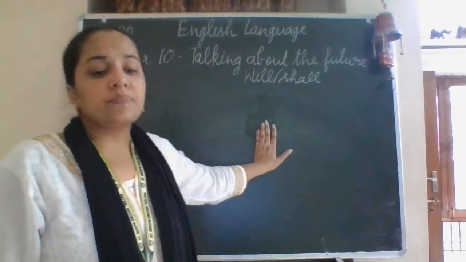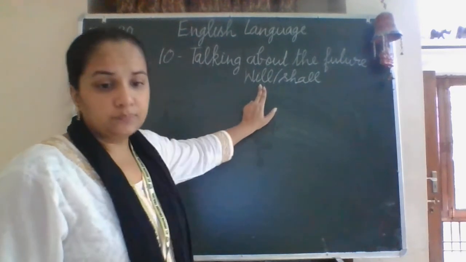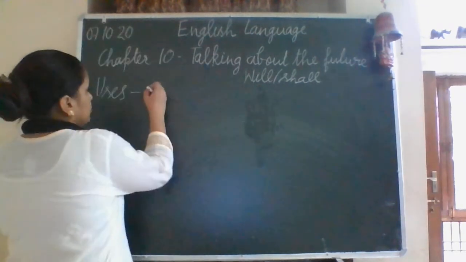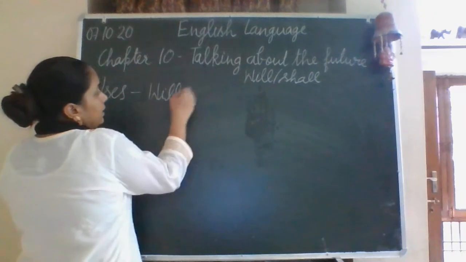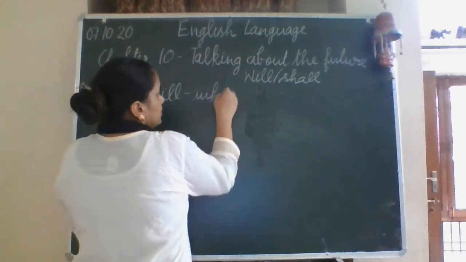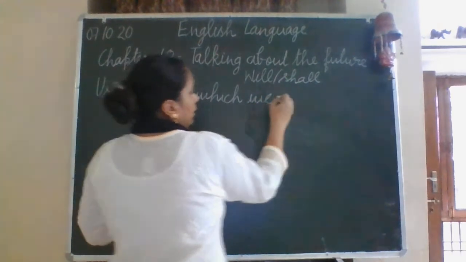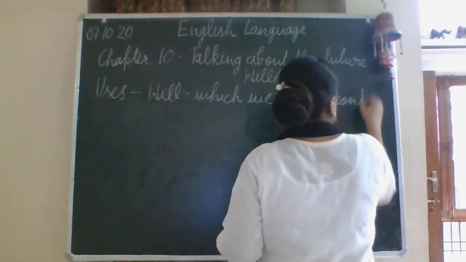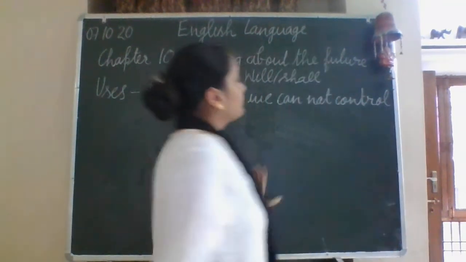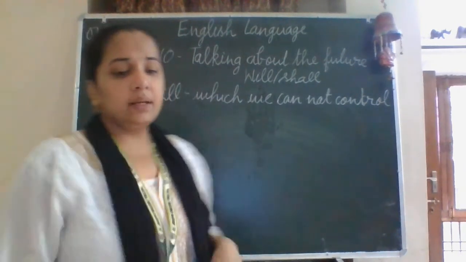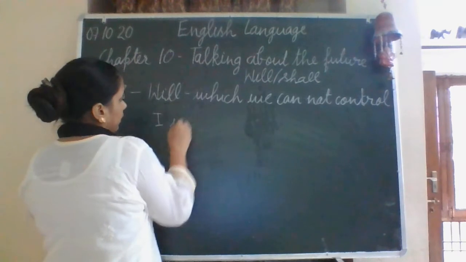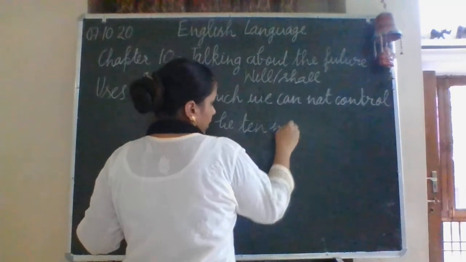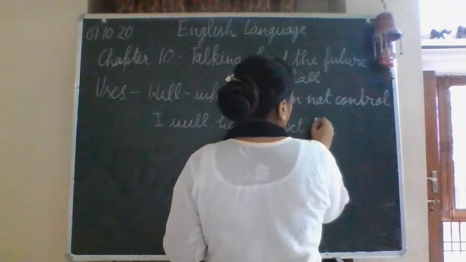For example, we will use will to talk about the things which we cannot control. For example, I will be 10 next Saturday.